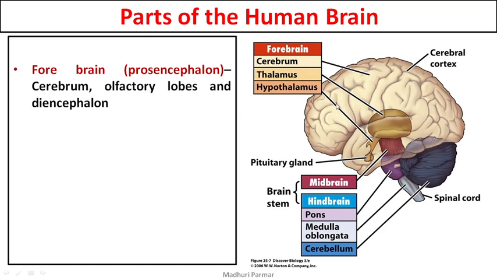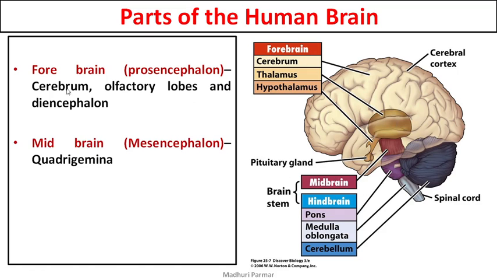It is made up of this skin-colored structure that you see called cerebrum. It is made up of this rounded portion that you see called thalamus and hypothalamus, and these are consisting of the part called diencephalon. So forebrain is made up of cerebrum, the skin-colored part, then diencephalon, which is made up of thalamus and hypothalamus, and olfactory lobes. Three parts. These olfactory lobes are not visible in this diagram.